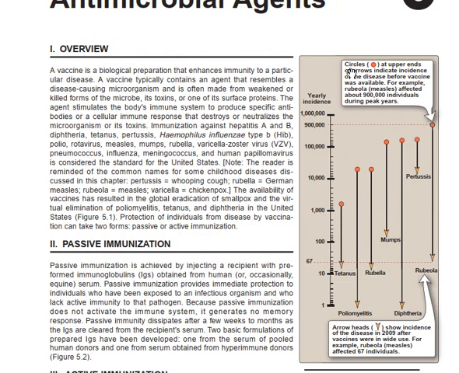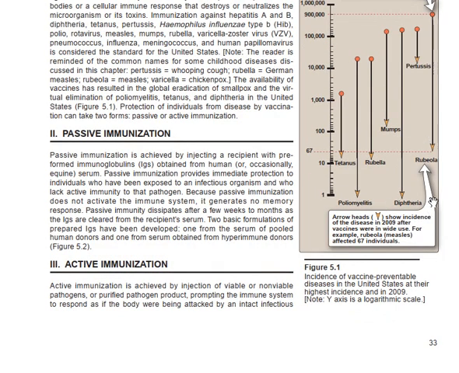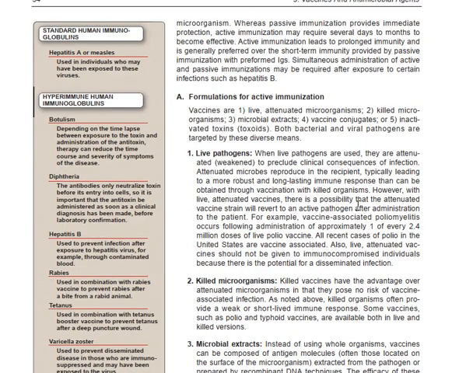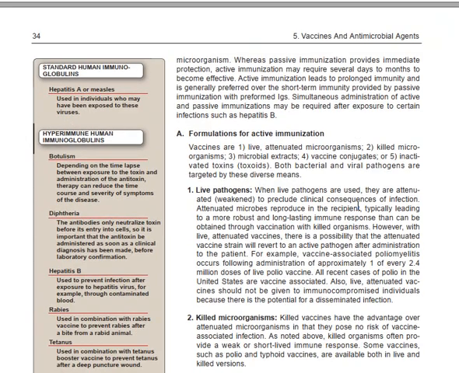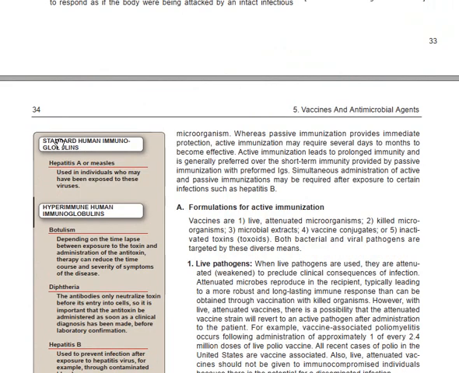So the circles here at the upper end of the arrow indicate the incidence of disease before the vaccines were available at this point here. While this arrow shows after the vaccine was already available, those were the cases. Now, these are the standard human immunoglobulins.